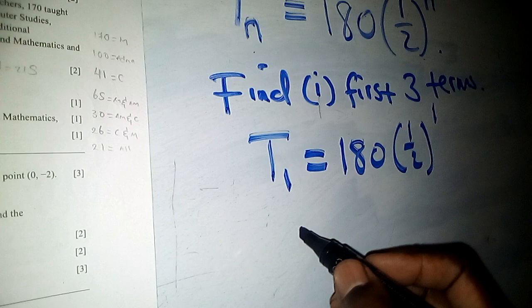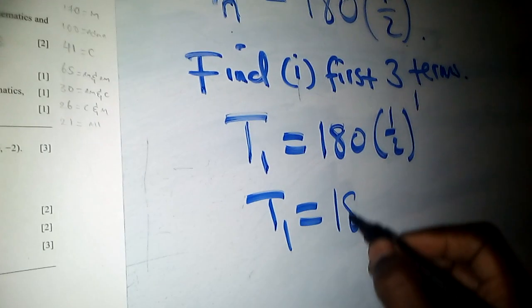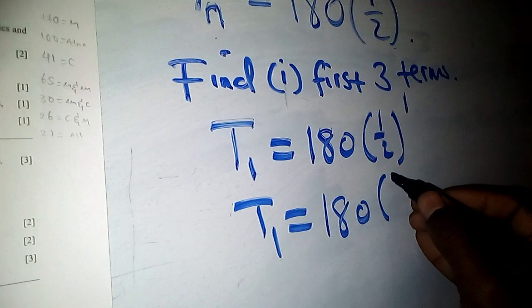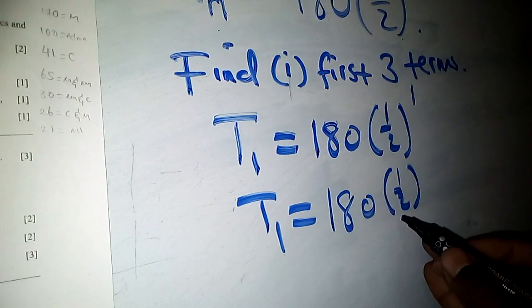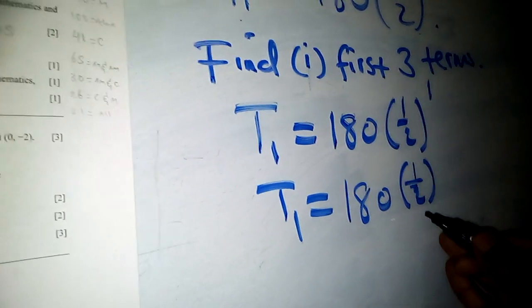We simplify this. Take note, this is the first term. When we simplify, we have 180 times 1/2, since 1/2 raised to the first power is just 1/2.